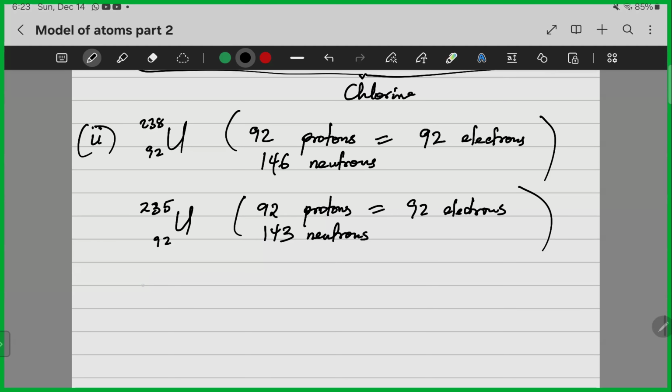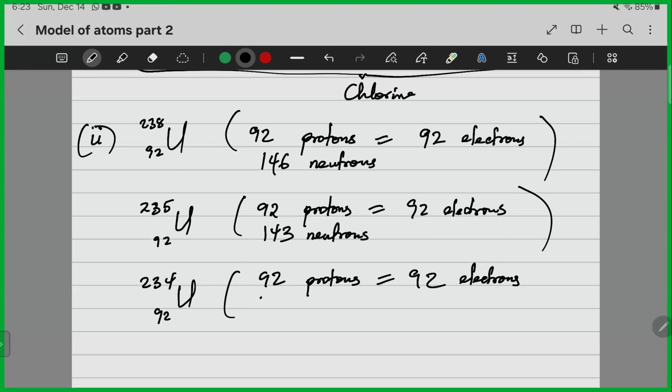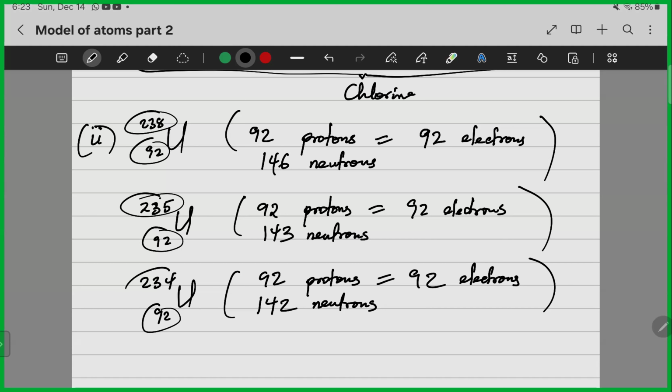Another form of uranium still exists, uranium-234, with 92 protons, 92 electrons, but then we have 142 neutrons in this case. So in everything we see different forms, but all their atomic numbers are the same, while their mass numbers are different because the neutron numbers are different.